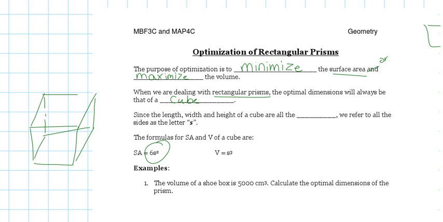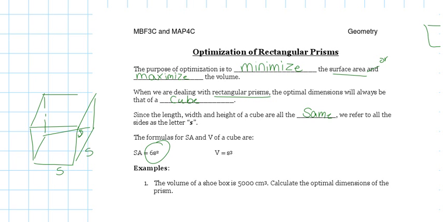Since we refer to all the sides with the letter S, if I'm looking at the surface area, I have S times S, which is S squared, and I have 6 of them, so that gives me 6S squared. Are we clear with that for the surface area? Everyone?